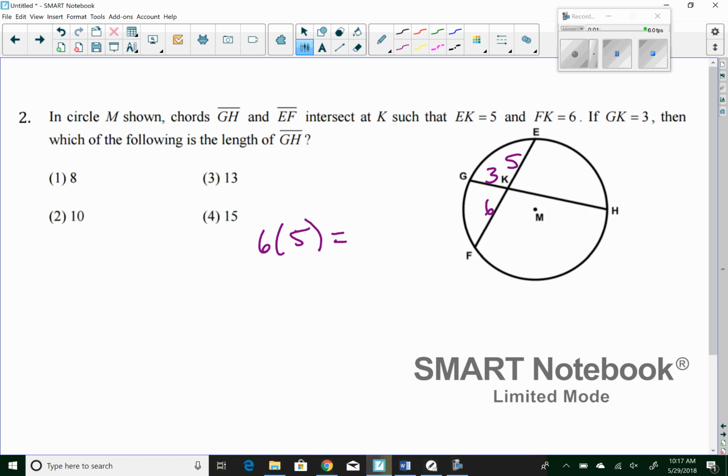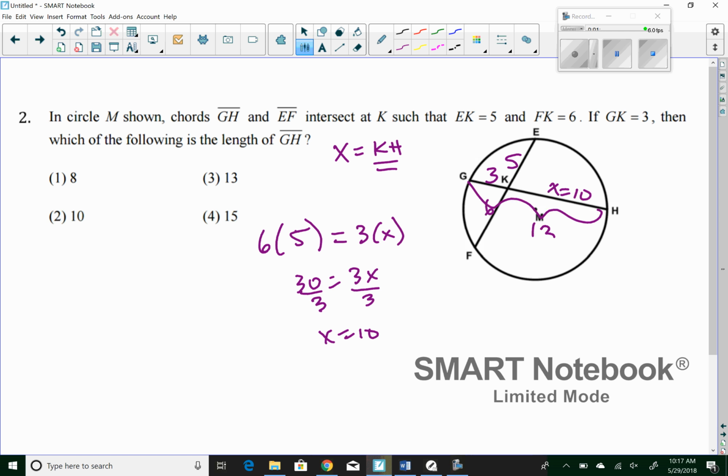We can't find the entire length right away, but we can find KH, so I can say 3 times X. Remember, X is really KH, not GH. With some quick math, 30 is equal to 3x, divide by 3, and x equals 10. So this piece is 10, and GH, the whole length, is 13.